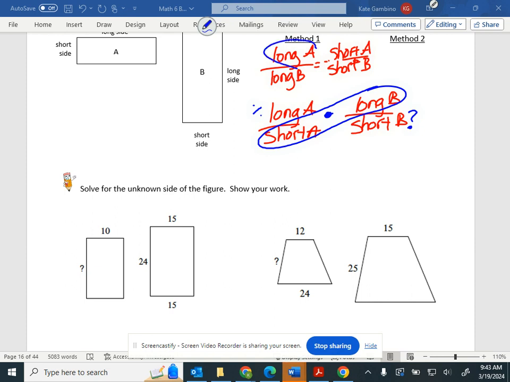You can add that to the method to help you remember how we solve for it. I highly recommend it. I always have kids say, well, I set up my proportions. How do I solve it? Give yourself a clue on your help sheet. Multiply diagonally, divide out your other number, and you're left with the question mark.